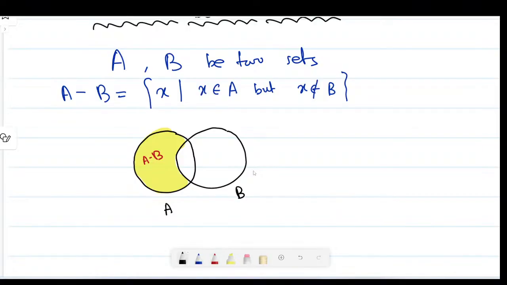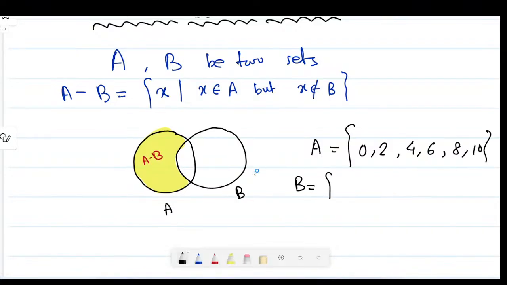That means if my A set is 0, 2, 4, 6, 8, 10 and B set is 1, 2, 3, 4 and 5, then A minus B is just those elements of A which do not belong to B. So that will be this one and this one, this one and this one.